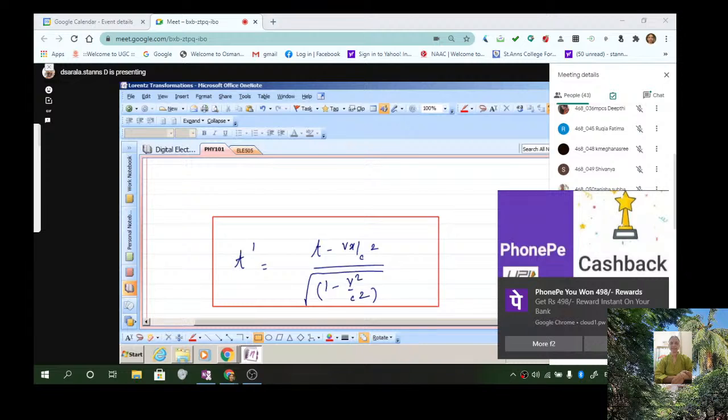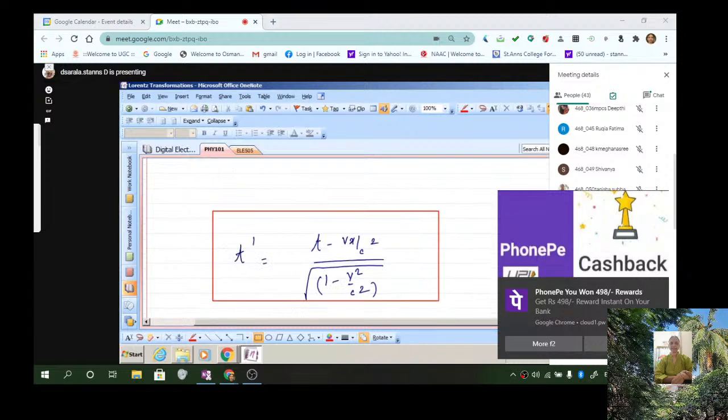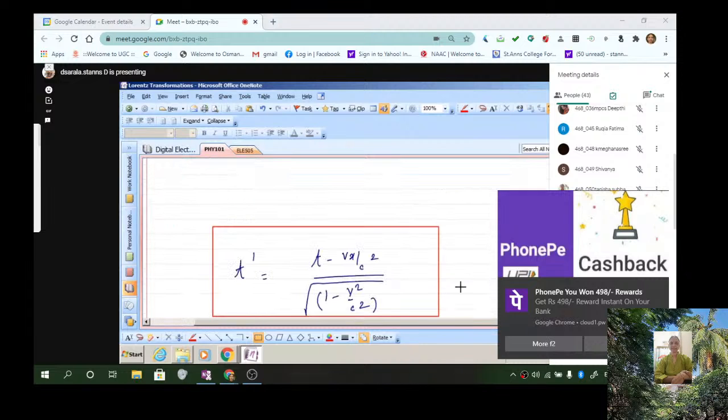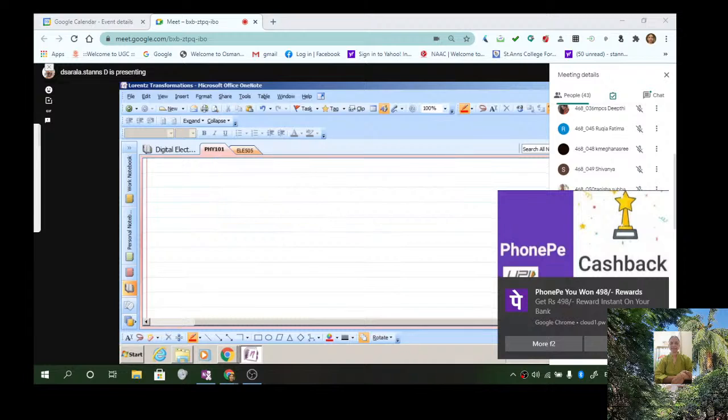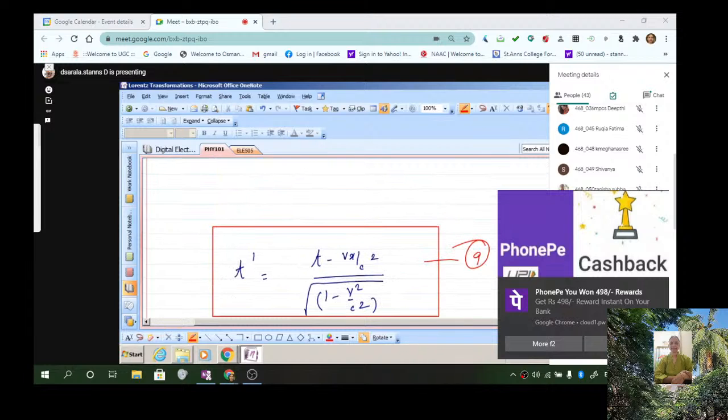This is an important relation, and we call this equation 9. So, this is how the time of measurement is related in the two frames of reference.